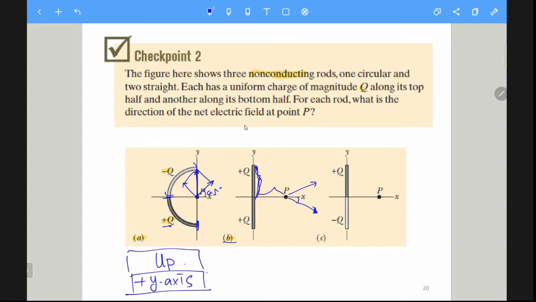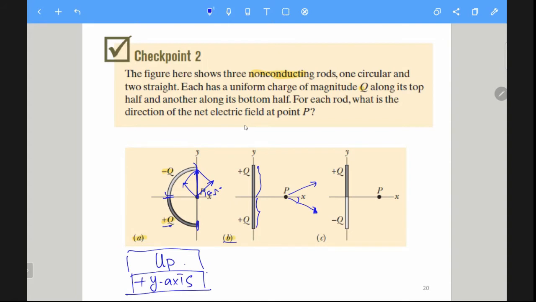But at least we know the top part generates an E field pointing to the bottom right, and the bottom part generates an E field pointing to the top right.